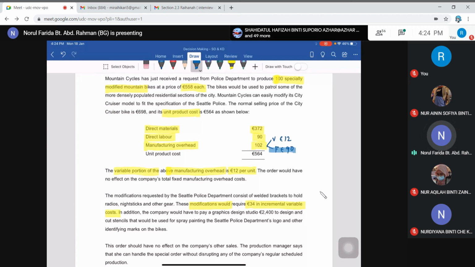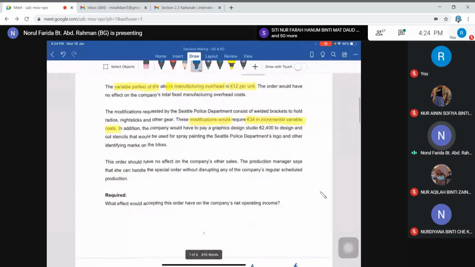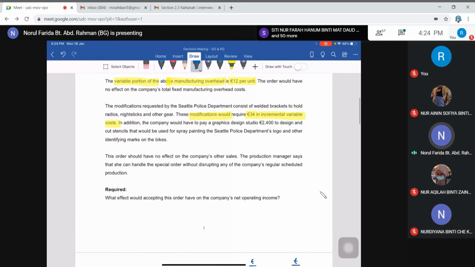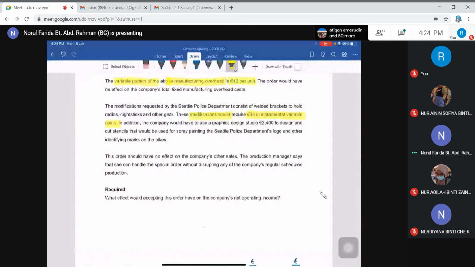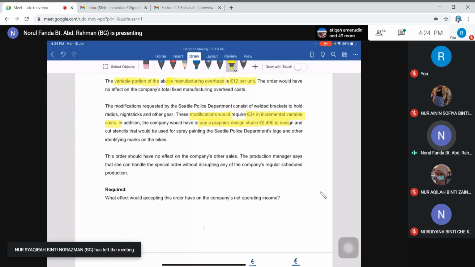There is another cost. Design and cut stencil. Okay. Another thing that you have to pay is, the company would have to pay a graphic design studio 2,400 to design and cut stencil that you use to spray paint the logo and everything.